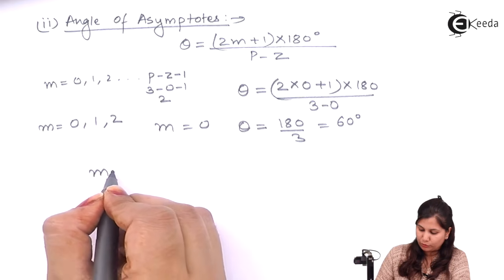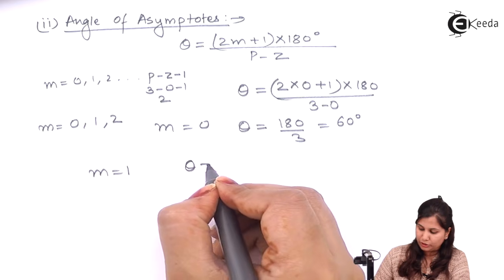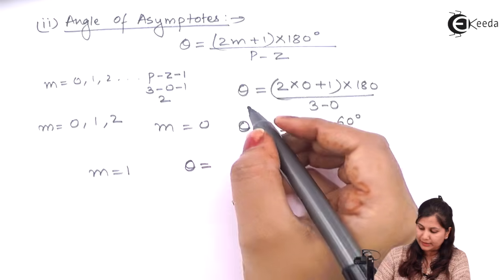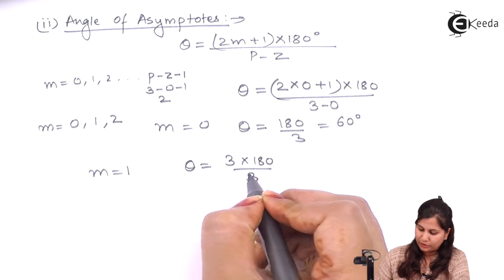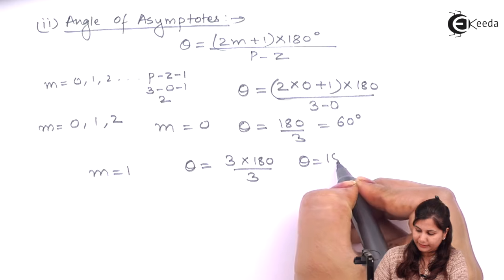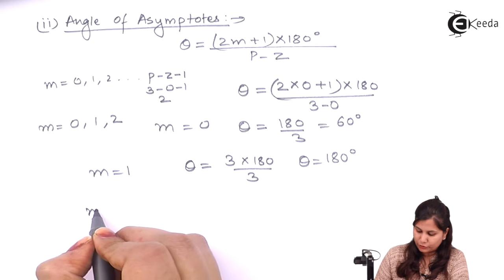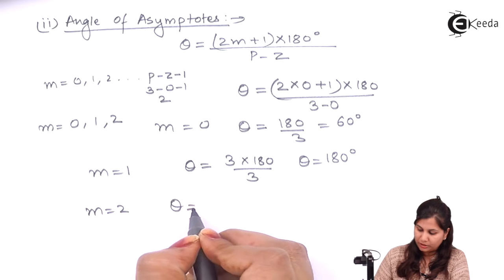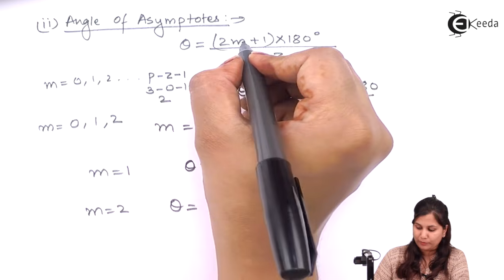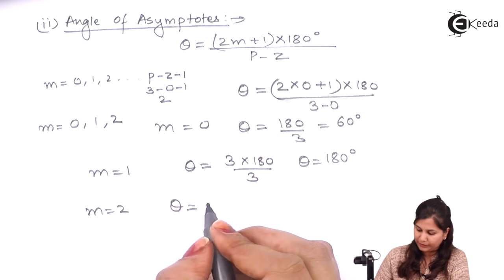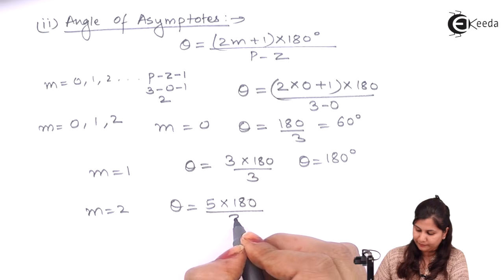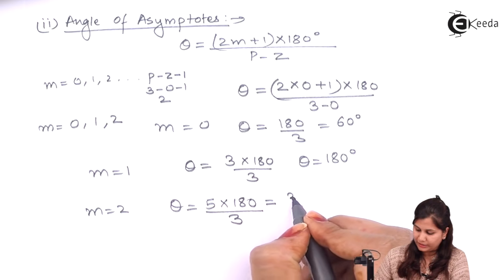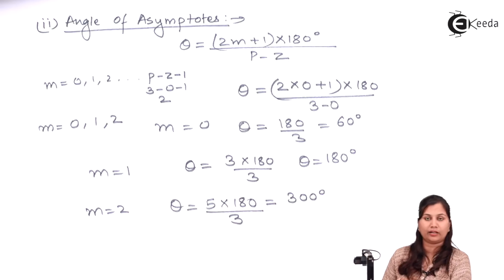For m equals 1, put 2 into 1 plus 1, that is 3 into 180 upon 3. So theta will be 180 degrees. For m equals 2, put here 2 twos are 4, 4 plus 1, 5, 5 into 180 by 3. Okay, so here we are getting the value as 300.